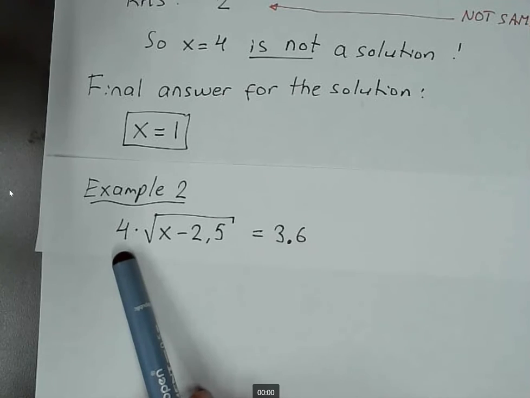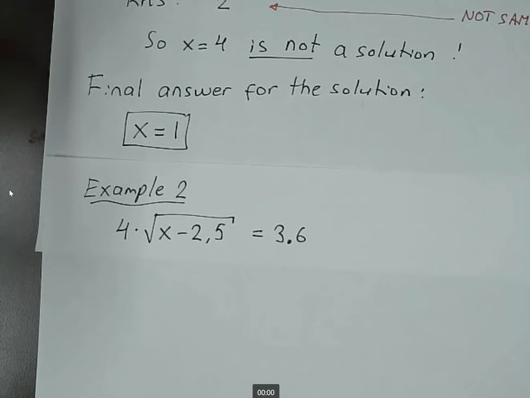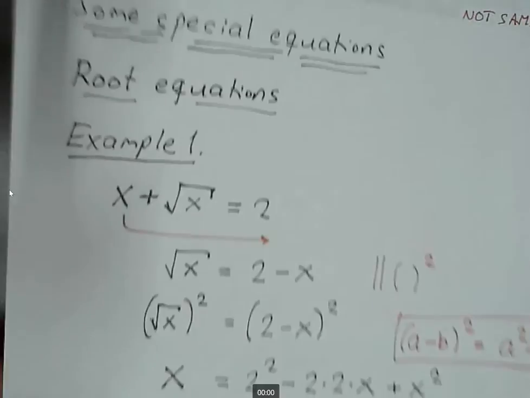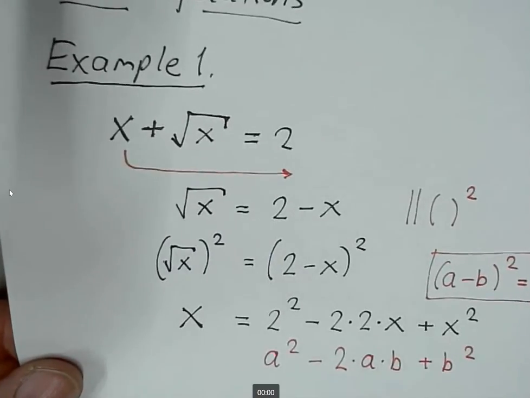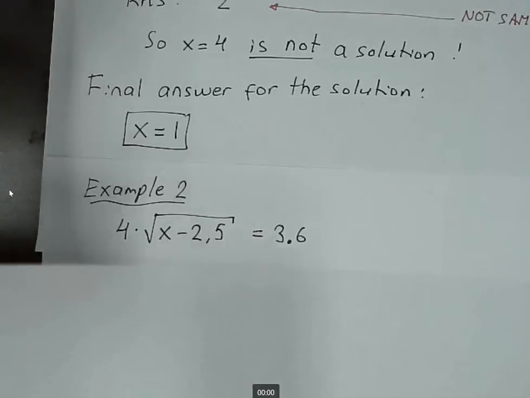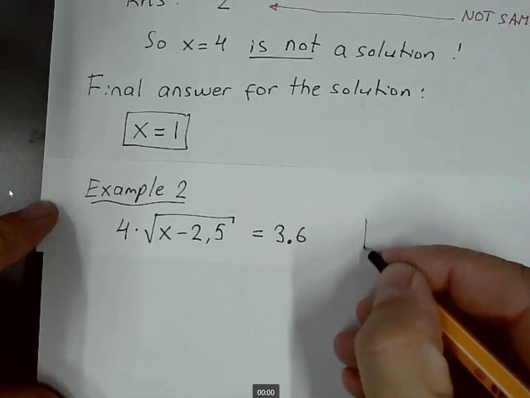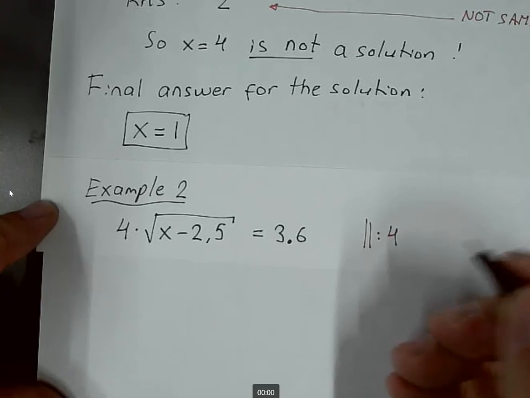It is not necessary in this example, but I think it is many times easier when you have only a square root there, nothing in front of it. So I will do the dividing, so I will divide this 4 away.